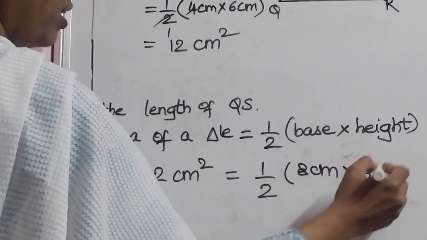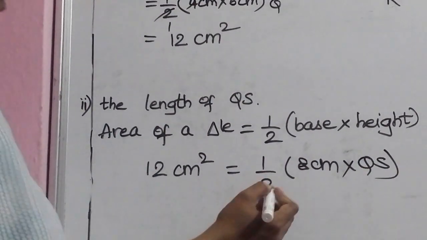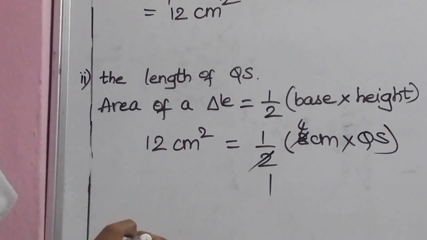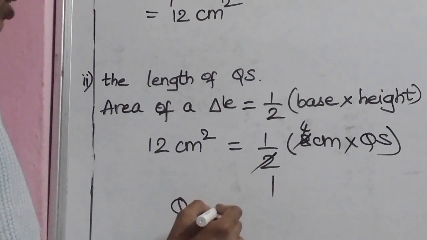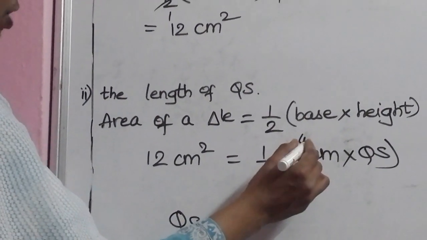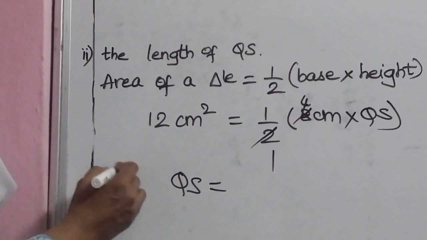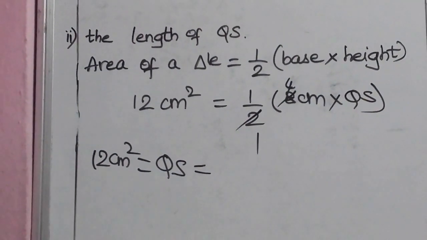Height is QS. Okay. Now here you can cancel. 2 ones are 2, 2 fours are 4 centimeters. Otherwise I'll write the same thing here so that you will understand.